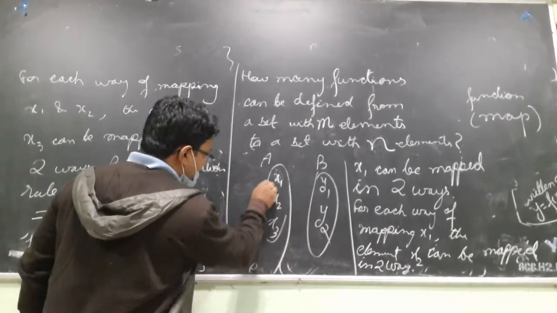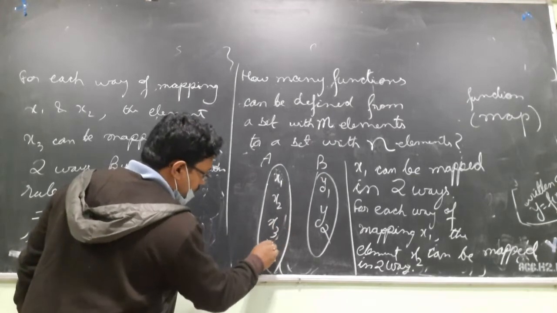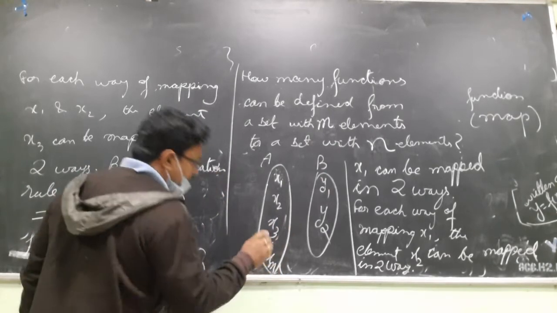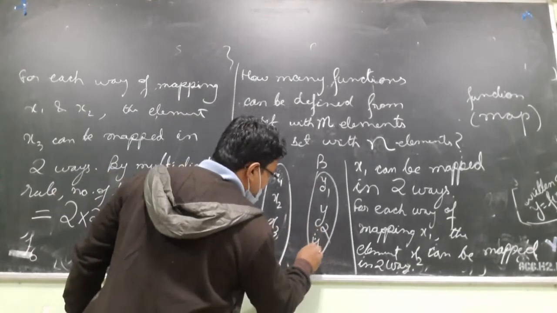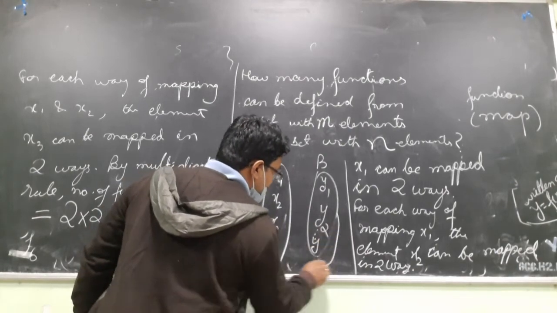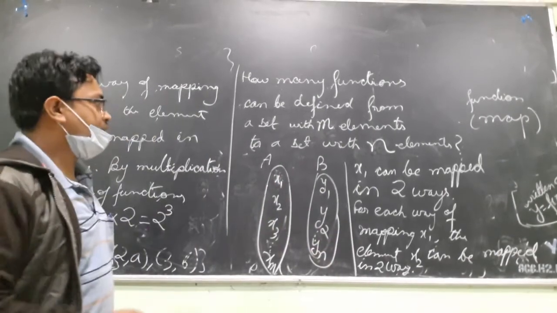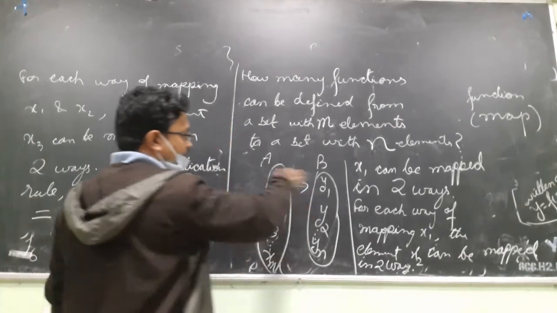So the diagram you can draw. This is x1, x2, x3 up to xm, and y1, y2, y3 up to yn. I want to define some function from here to here.